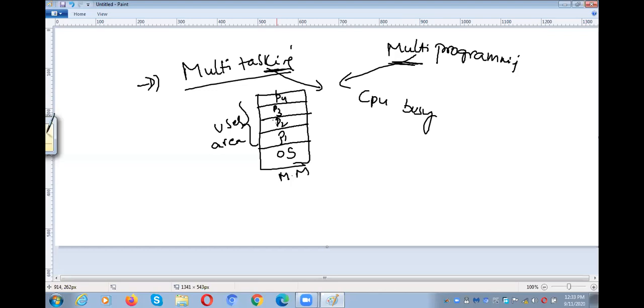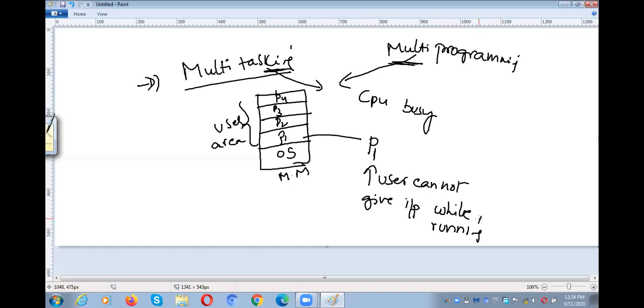But the difference is, in the case of multi-programming, while running a program, the user cannot give input to the program. That means multi-programming does not support user interaction.